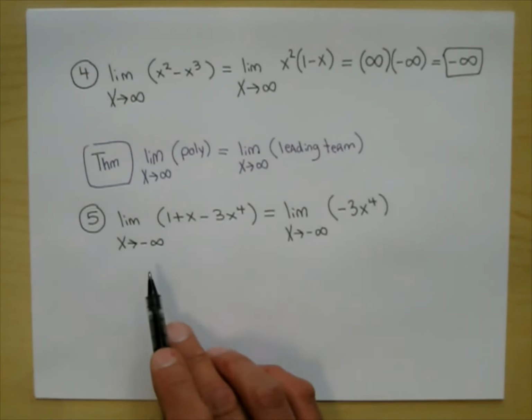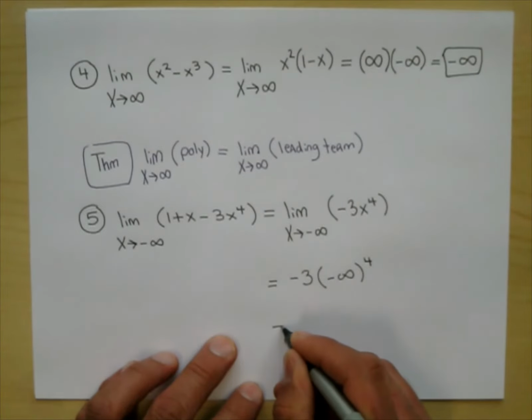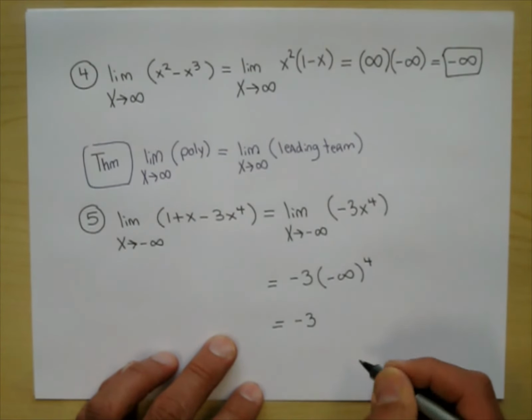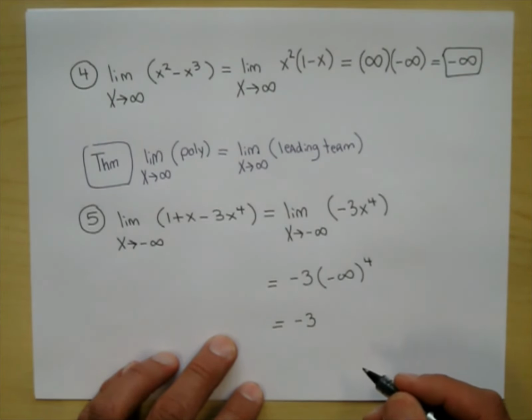So look at this. This is negative 3. And I'll write this out here. So this is negative infinity. I know I didn't write out all the steps up here. Negative infinity to the 4th. So what is negative infinity to the 4th power? That is negative infinity times negative infinity times negative infinity times negative infinity. Good thing I didn't have a 17 there. So that's actually going to be infinity.